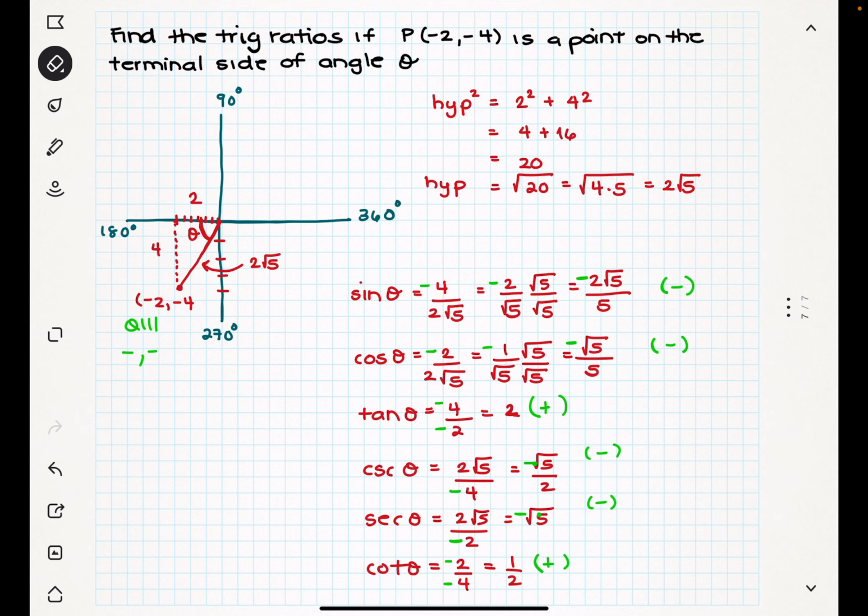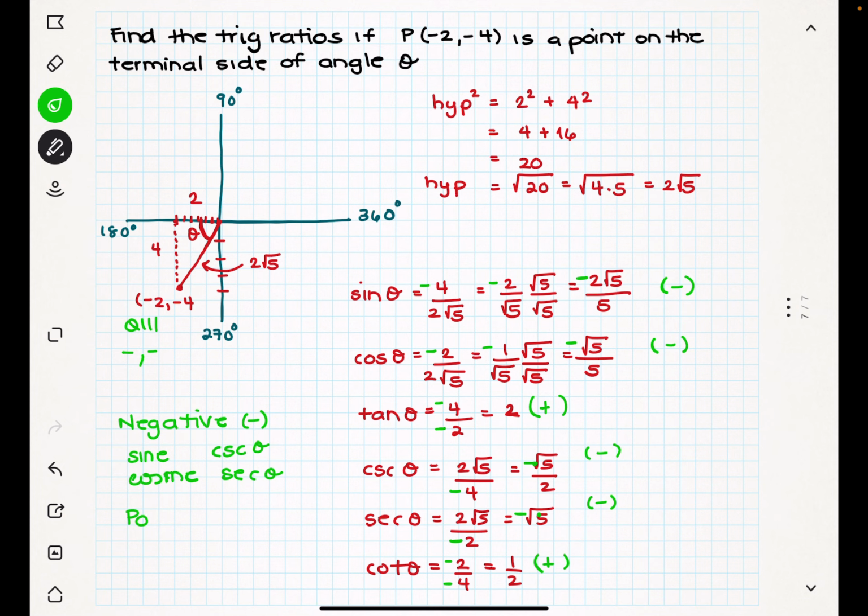So I have negative: the sine, the cosine, and its reciprocals, cosecant and secant. And for the positives, I'm going to have tangent and cotangent.